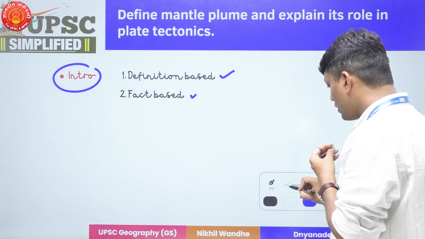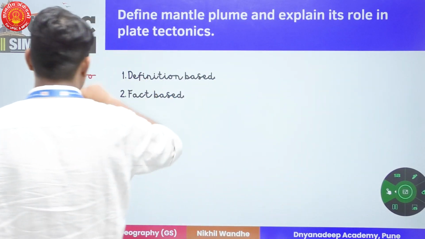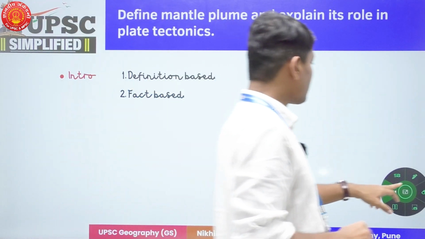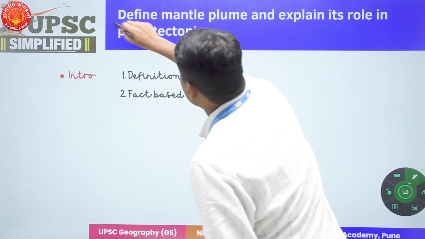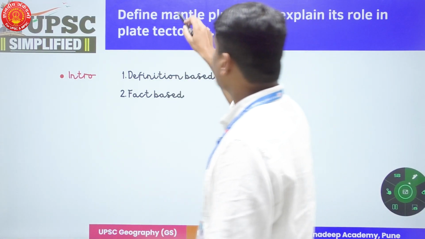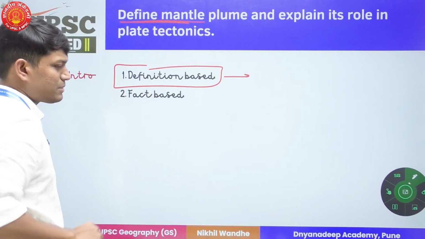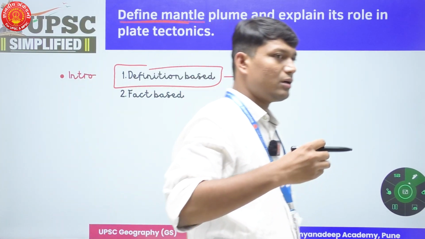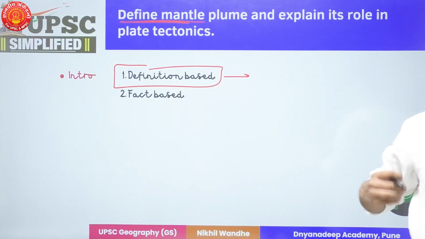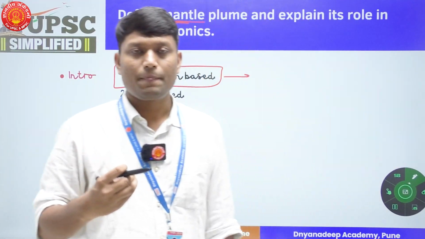If I have to go for a definition based approach, directly I will define what these mantle plumes are, right? That is what is asked here. In the definition, you will define what these mantle plumes are, which are nothing but the flow or currents of magma coming from the core mantle boundary, right?